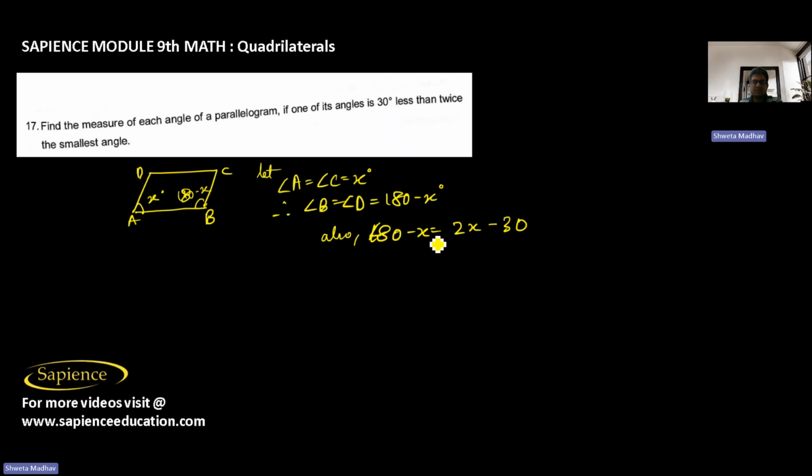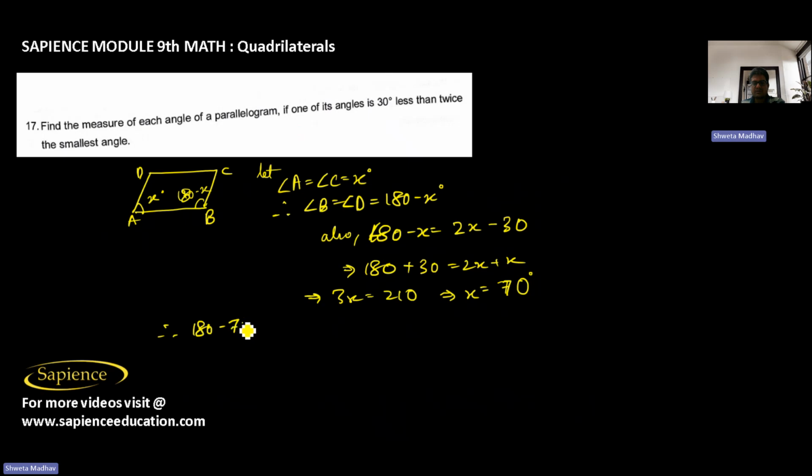Then we have to find the measure of each angle. So we can say that 180 minus 180 plus 30 is equal to 2x minus x on both sides. Therefore 3x equals 210, so x will be equal to 70 degrees. So 180 minus 70 is equal to 110 degrees.